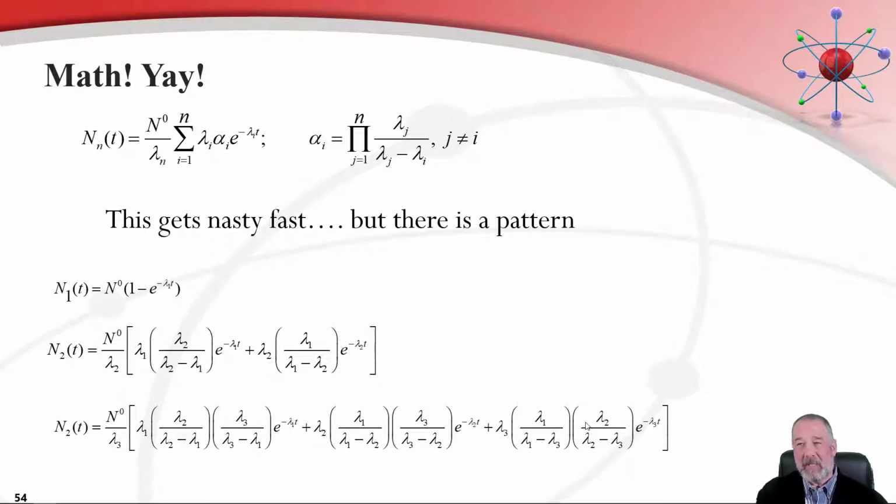So by using this mathematical formula, we can actually calculate on a theoretical basis how much of something we are going to have. Well, it's not really theoretical because some of these decay constants or half-lives have been experimentally determined. But you get what I'm trying to say.